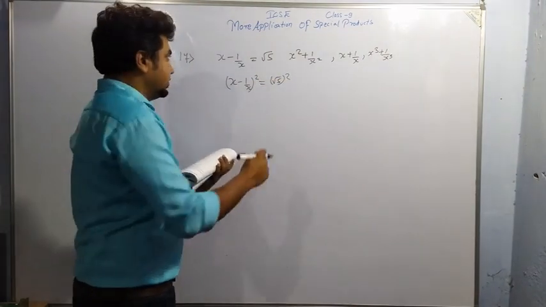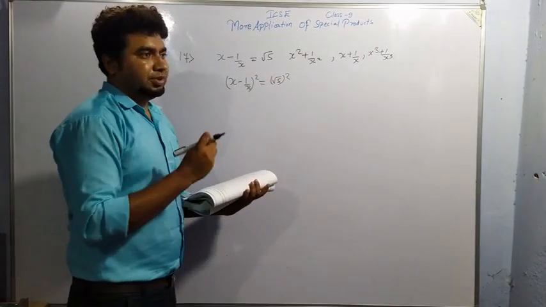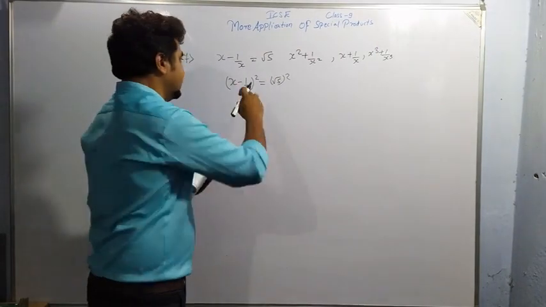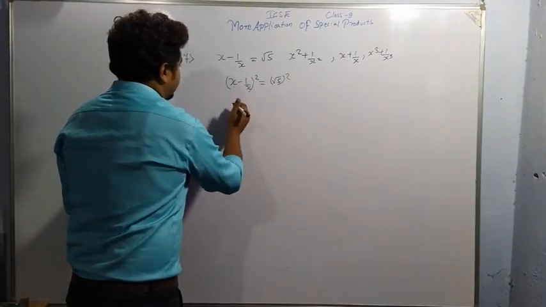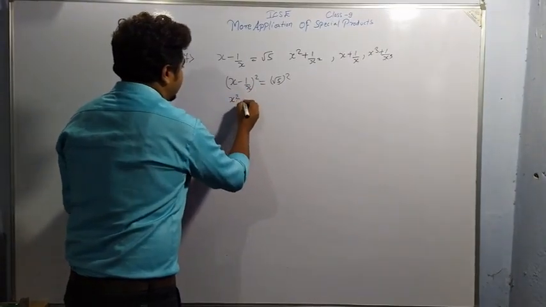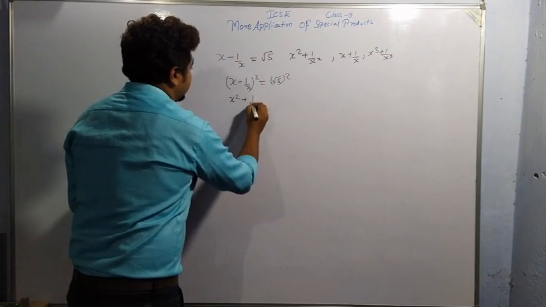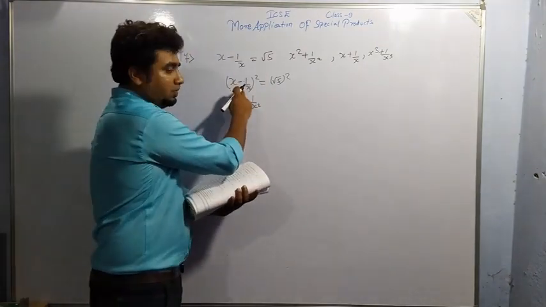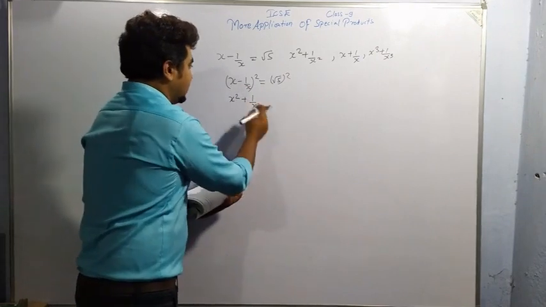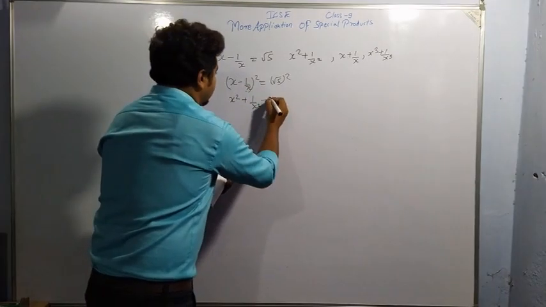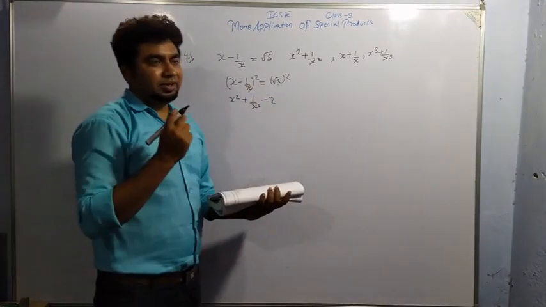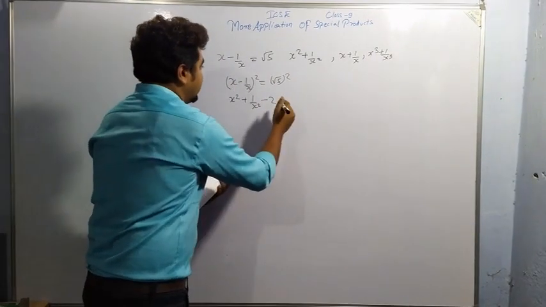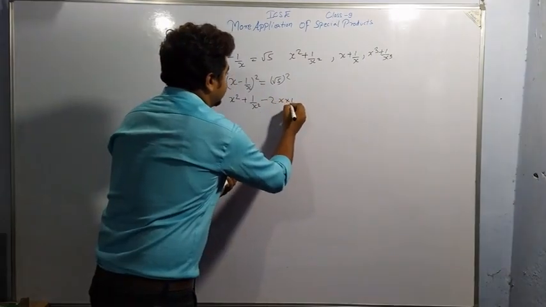Now we'll be squaring: x minus 1 by x whole square is equal to root 5 whole square. Squaring both sides. First step, I told you, if a minus b or a plus b is given, you have to square both the sides. Here it will be x square plus 1 by x square. Not minus x square. And minus 2, I am directly writing minus 2 because x into 1 by x will get cancelled.